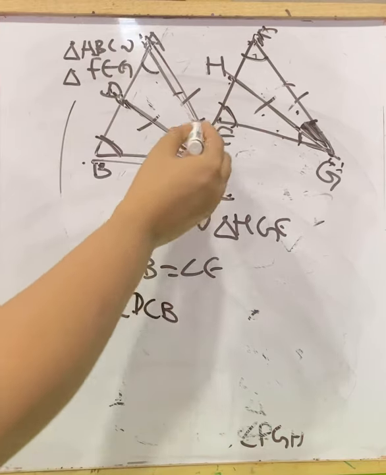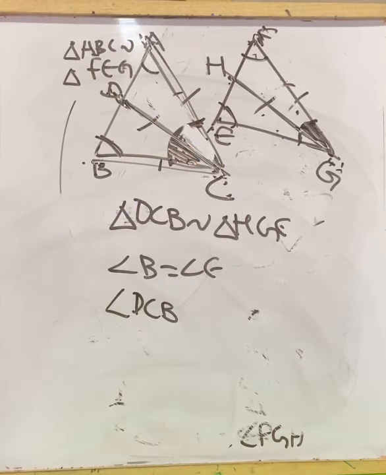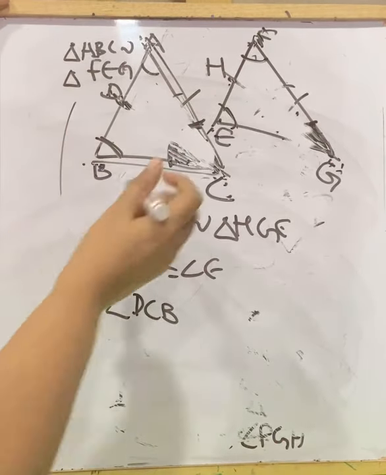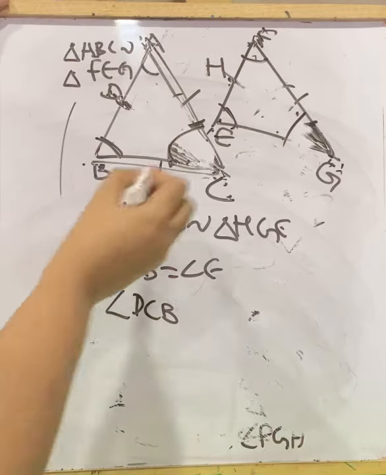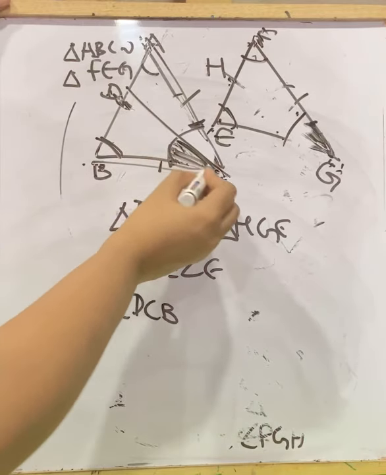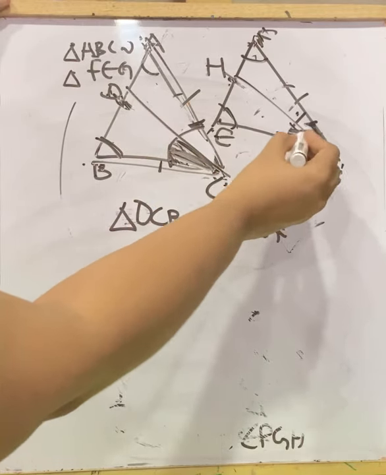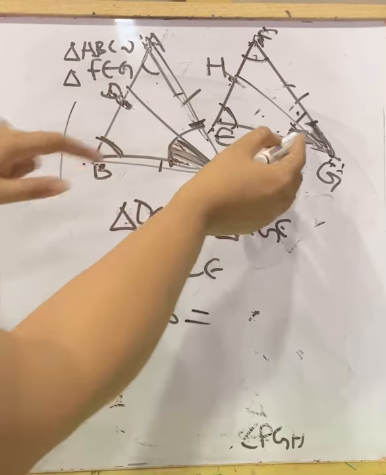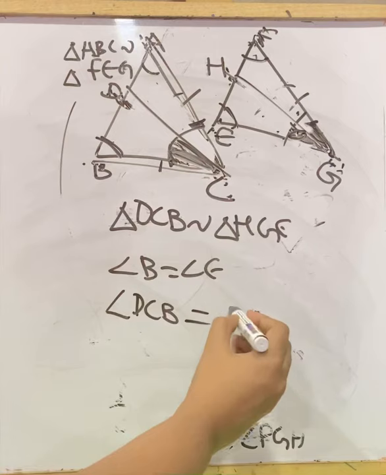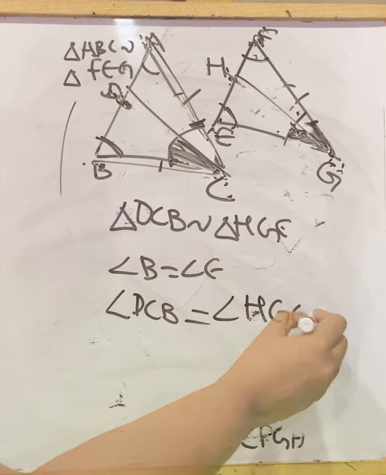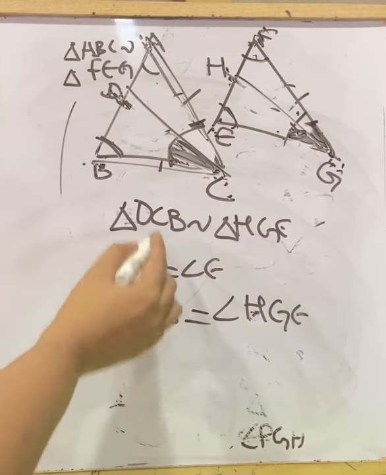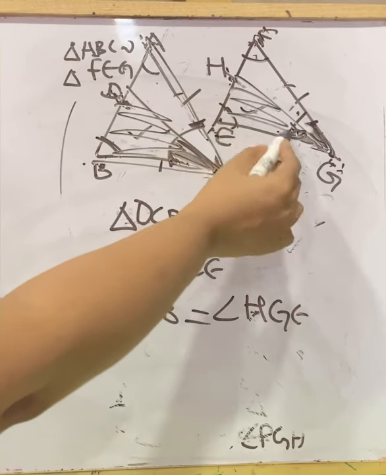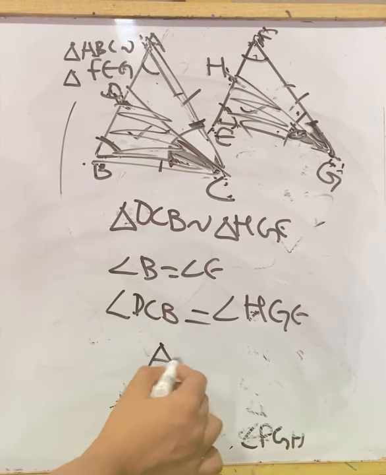It is the half of angle C, total angle. That we know they are equal because these bigger triangles are similar. Now we took the half of those angles, that will also be equal. That is DCB equal to, now this half means angle HGE. Now we got two angles are equal in these two triangles. So this triangle and this triangle will be similar according to AA similarity.